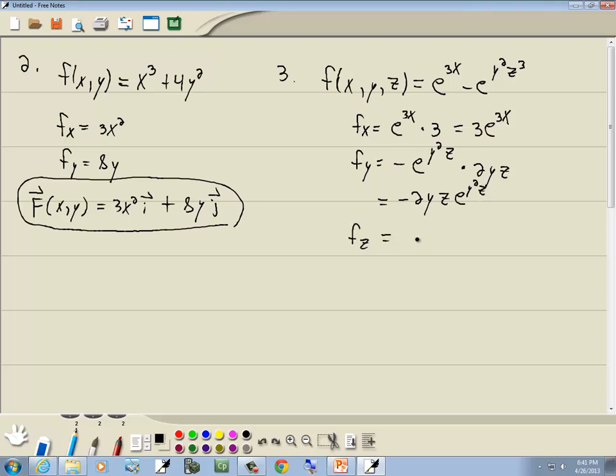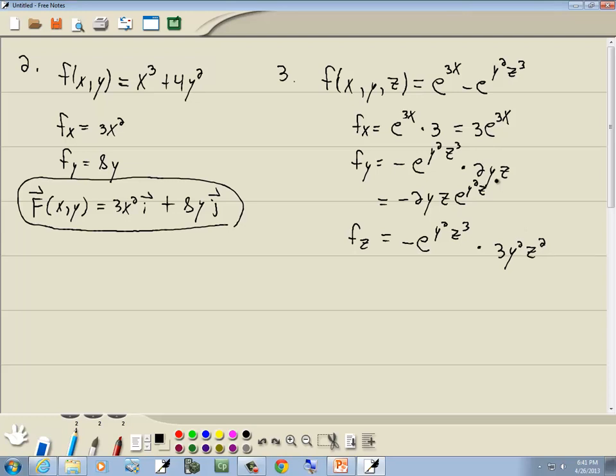Now we also need a partial with respect to z. The first e doesn't have a z in it, so it drops away. And again, this becomes negative e to the y squared z to the third. I forgot to put the third here. Times the derivative of the exponent with respect to z. So that gives us 3y squared z squared.